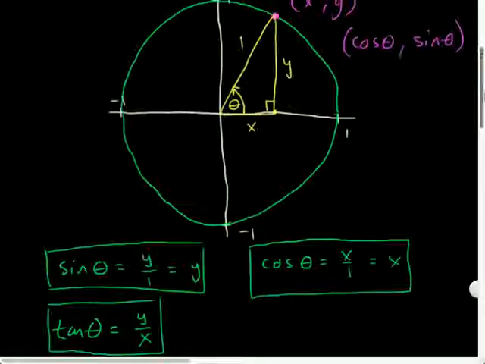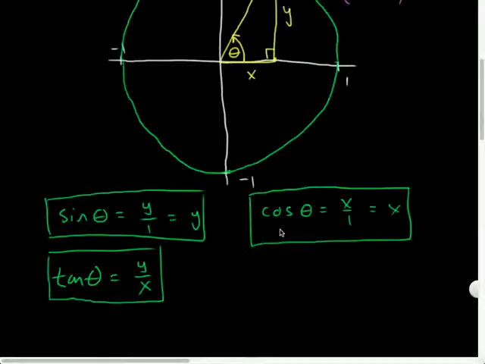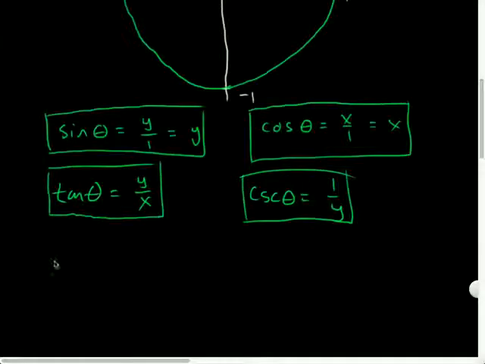All right, so there's my original classic 3. I could then also ask the question, what is cosecant theta? That's just going to be the reciprocal of sine, or 1 over y, right? The reciprocal functions are always nice and easy to get. Secant theta, I'm writing these in somewhat of a weird order, perhaps.